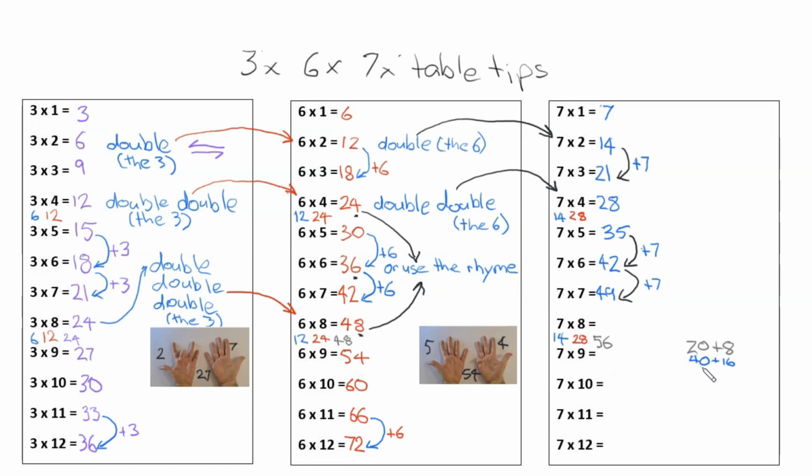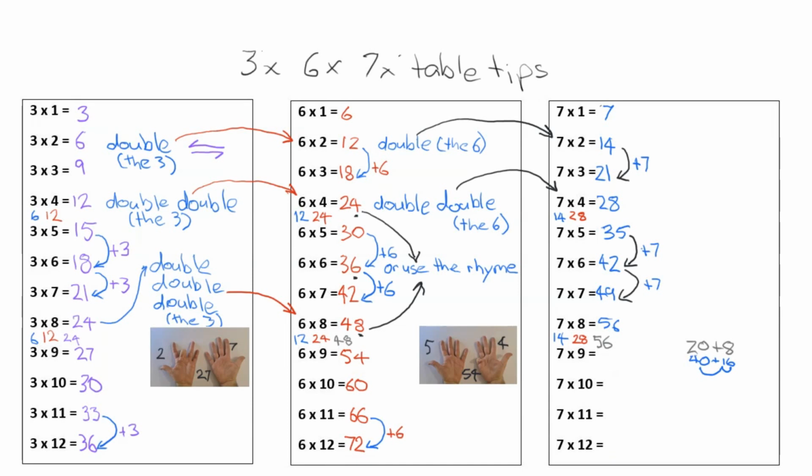If you do this a few times, you'll get more efficient at it. So this is a 10, so all I can do is skip count 40, 56. So your answer is 56. Double, double, double to get your answer.